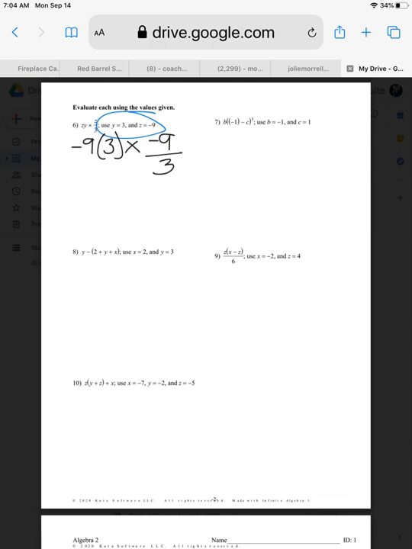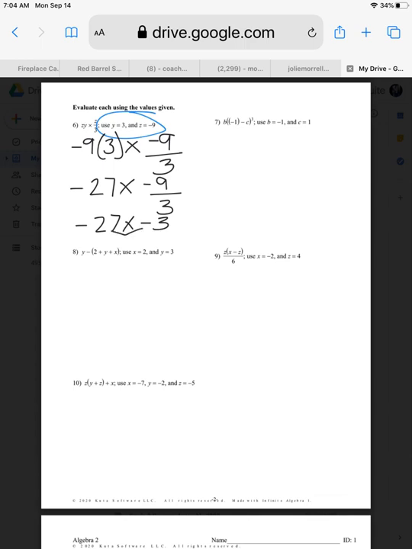Okay? PEMDAS. Multiplication comes first. Negative 9 times 3 is negative 27, times, that's not a 7, times negative 9 divided by 3. Okay? Then we divide. Negative 27 times negative 9 divided by 3 is negative 3.